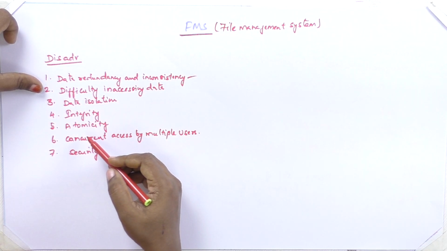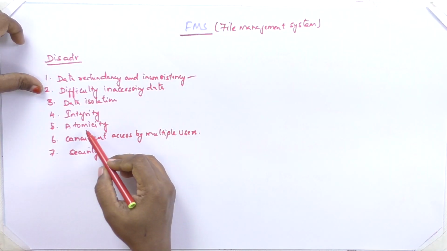And atomicity is another one. Suppose I have to transfer an amount of 500 from one account to another account. If any problem occurs in between, that is, I have deducted rupees 500 from account 1, and before adding it to account 2 there is a system problem or network error, and the process cancels, this 500 will not be there in account 1 and it will not be added in account 2.